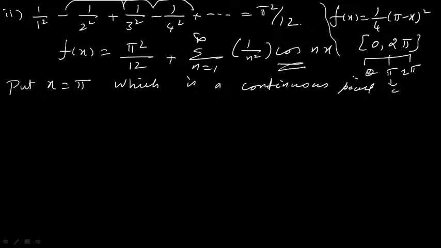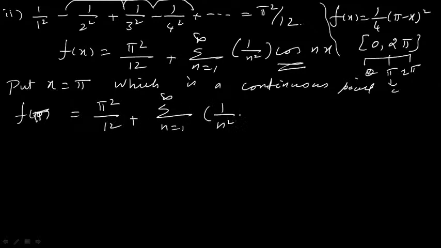So what we do, as we did in the previous case, is directly replace the value of x by pi in the given function. So f of pi is equal to pi square divided by 12 plus sigma n varies from 1 to infinity 1 divided by n square cos n pi.